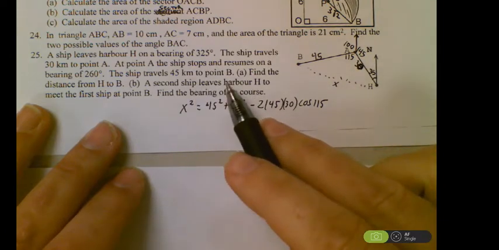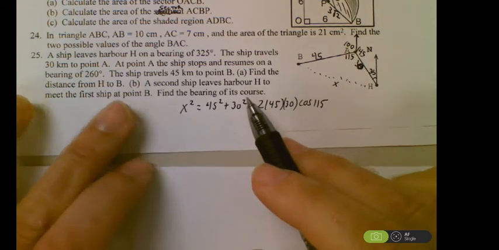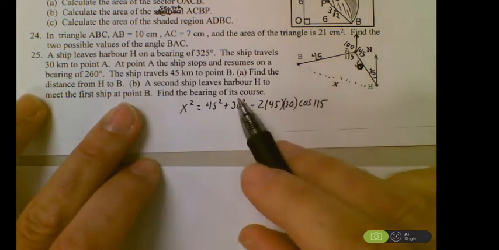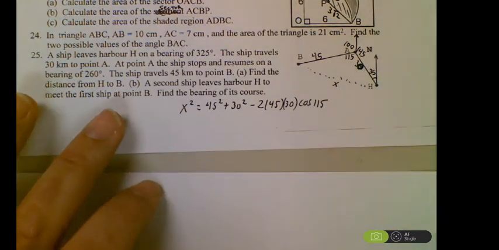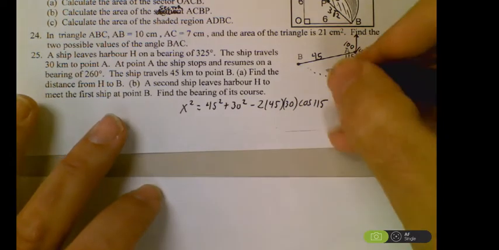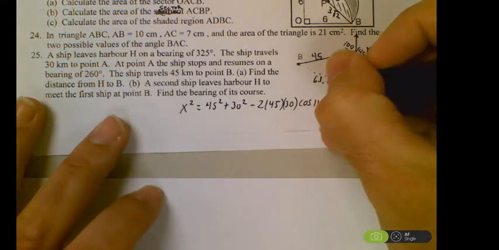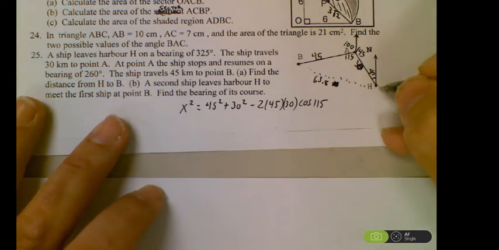And then the second ship leaves harbor H to meet the first ship at point B. So it's traveling that distance. Find the bearing of its course. We figured out in the last part this is 63.8. In order to get the bearing, remember it's from H, so we're going to need to know this angle right here.